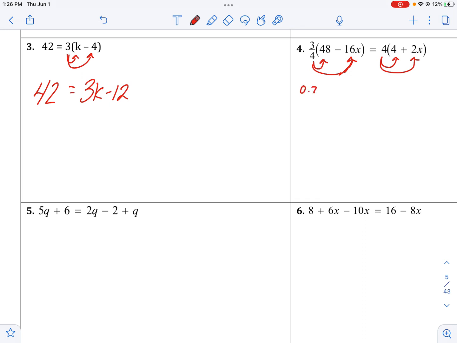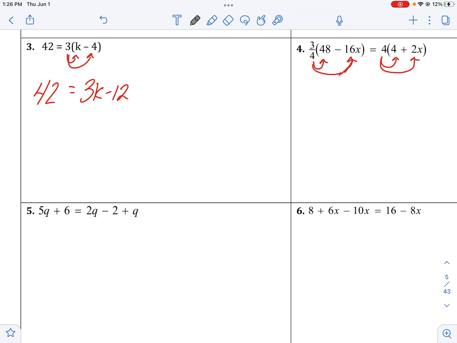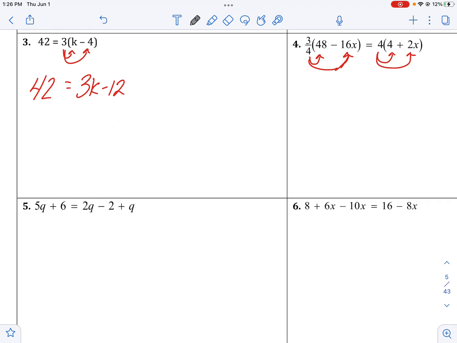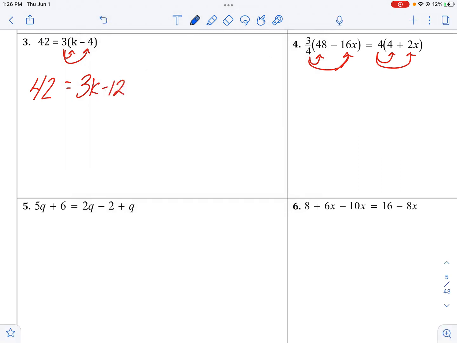And if you want to use 0.75 instead of 3/4, that's fine as well. And then once I've got that distributed, then it's just a nice two-step operation. So why don't you try pausing the video here, solving 3 and 4, and then unpausing to check your work.